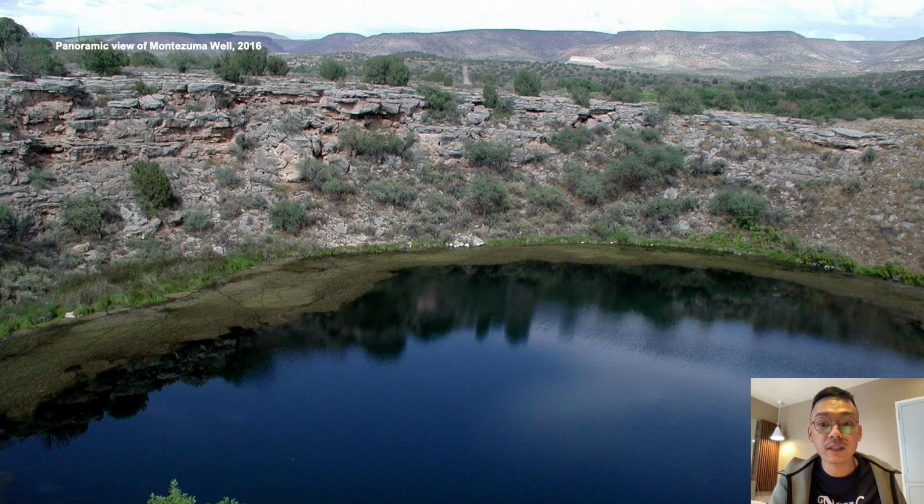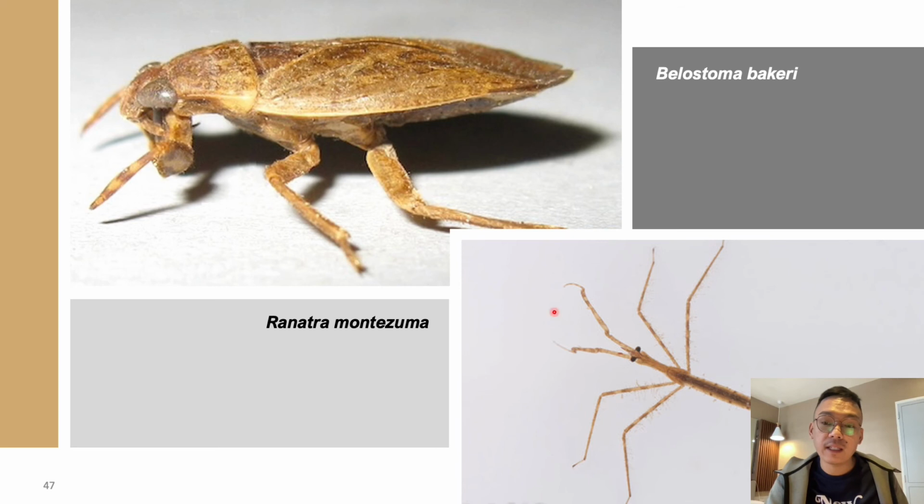This is found in Montezuma, Arizona, USA. This is a sinkhole. In this next DBQ, or last DBQ, we are introducing these two species: a species of giant water bug and a species of predatory insect, the water scorpion.